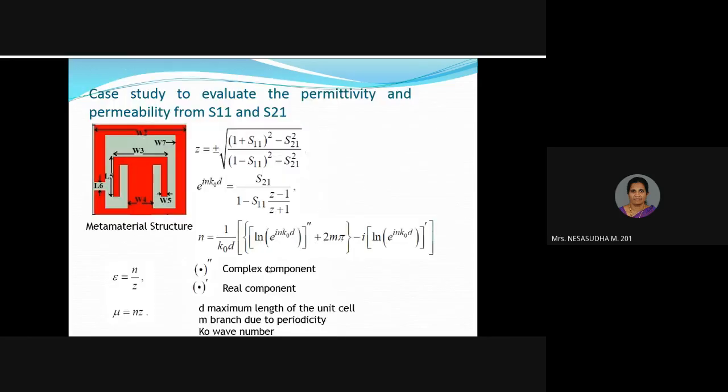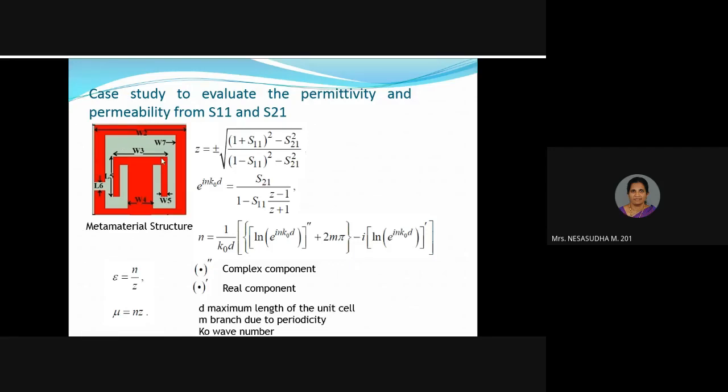So this is a case study I have taken. How to calculate the n value, the Z value, the mu value, and you have to check whether all the values are negative or not.